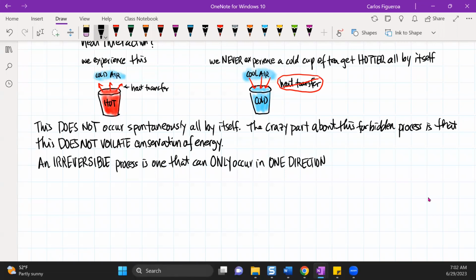Like this cup of cold water getting colder doesn't happen, but a cup of hot tea cooling off does happen. That's a one-dimensional process.